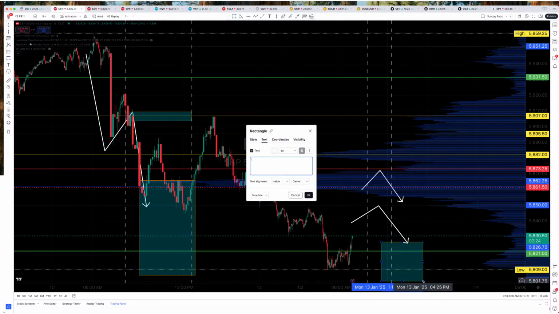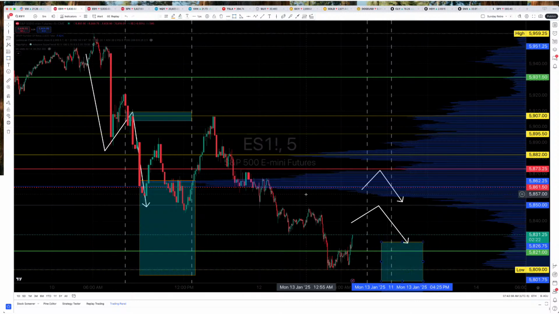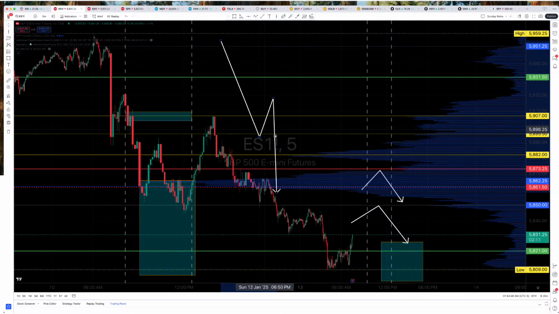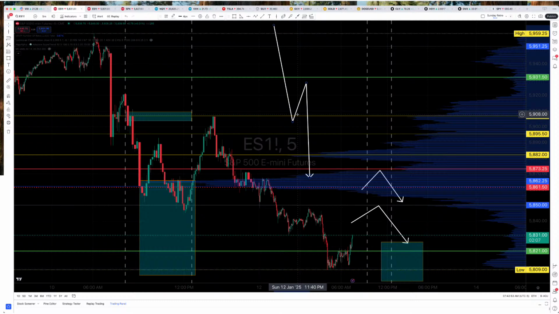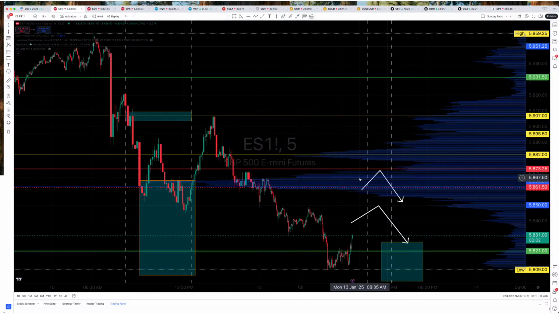So that's the whole idea behind this strategy. We're going with the trend. Obviously, the trend's down, so the market never moves in a straight line. It'll move something like this, right? And then we're waiting for that pull up into a structural element, and then we take our trade.